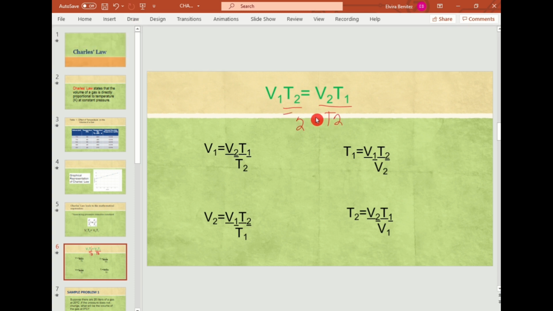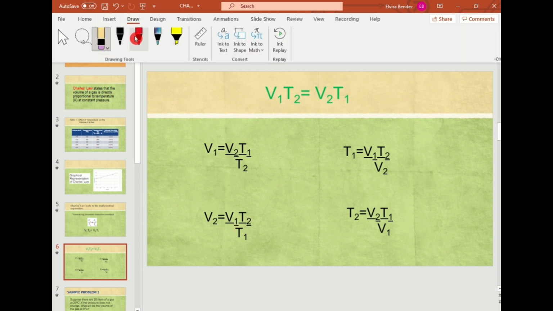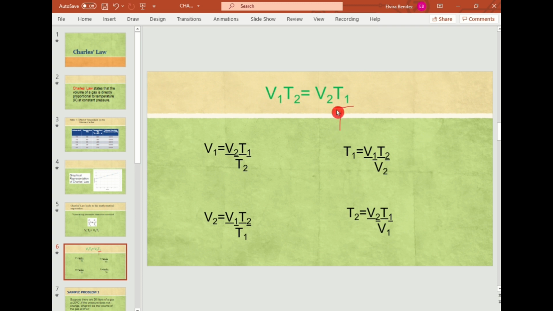Okay. So the same goes with the different formulas. So for example, we have V sub 2. If you are asked to solve for V sub 2, you will just have to transpose T sub 1 here. So transpose T sub 1 so that you can cancel it.